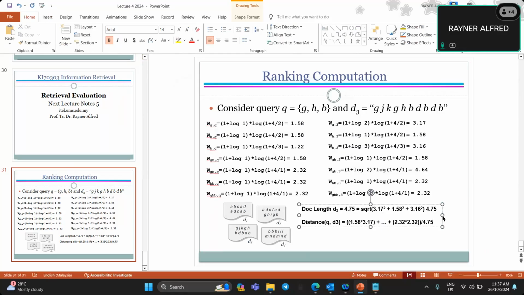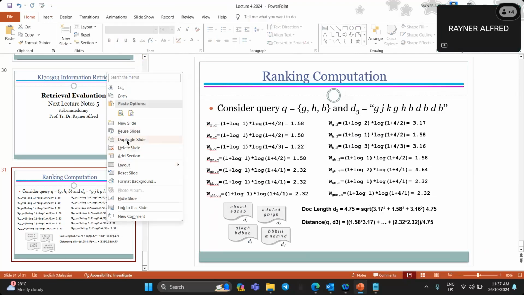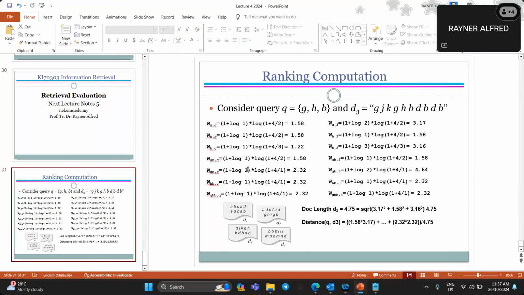Okay. Now let's consider the closed term sets. So we managed to compute the weightage. This is the most time-consuming one.